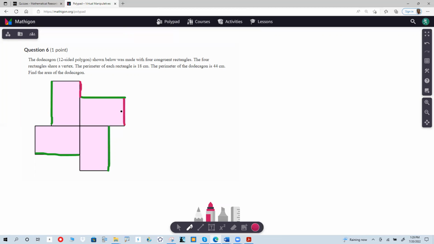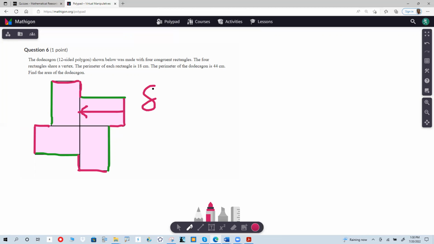It's also going to be L. Do you see that? Then do another one. This guy and this guy will be another L. This guy and this guy will be another L. And this guy and this guy will be another L. So the perimeter of this shape is 4 green L's and 4 pink or red L's.